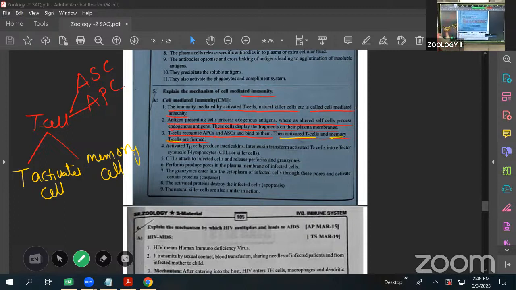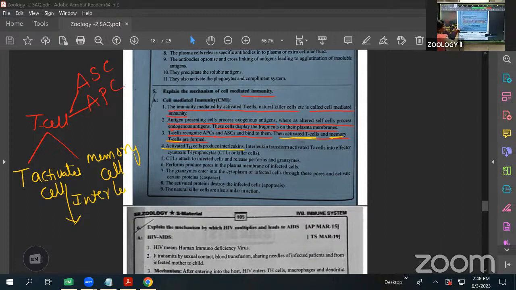Here, the two types, activated T cells and memory cells, are formed. When activated T helper cells are formed, they produce interleukins. Activated T helper cells produce some substances, the same way the B lymphocytes produce antibodies. Like that, here they are producing the interleukins.